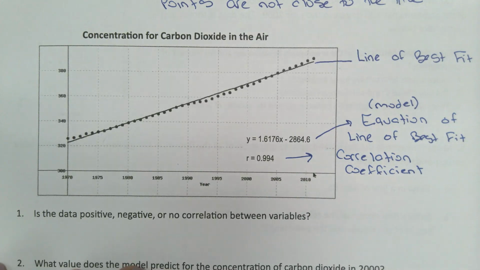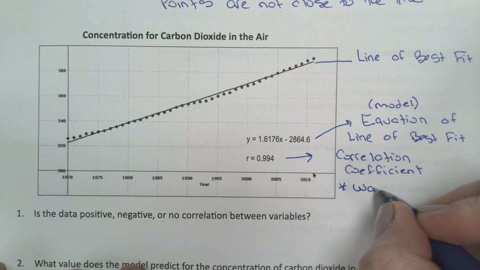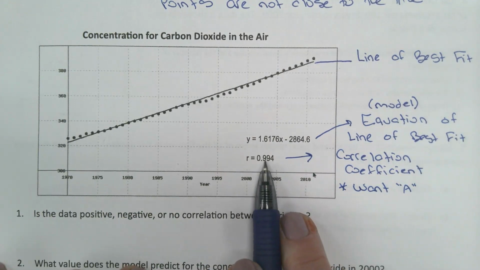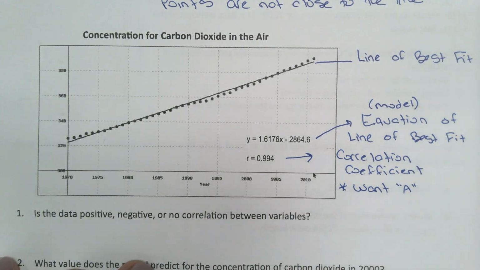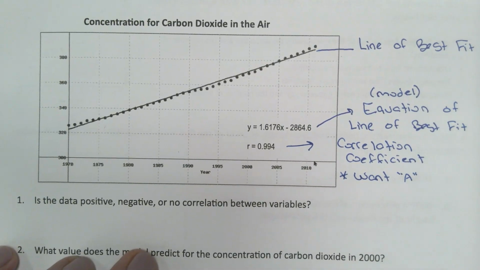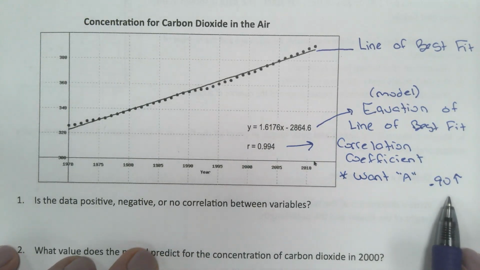You want to think of it as like a grade. When you go to school, you want an A. So when you're looking at the correlation coefficient, think, I'm going to grade this like I'm going to school. A, B, C, D, F. We want an A, which means that you are looking for a number that is 0.90 or larger.